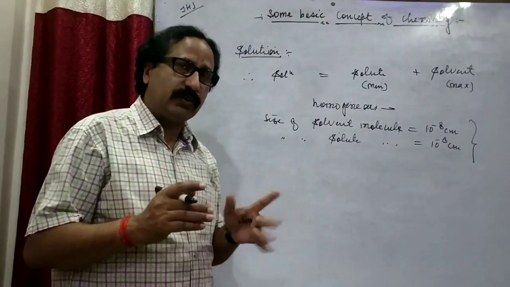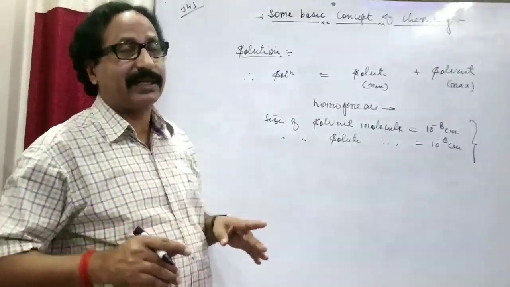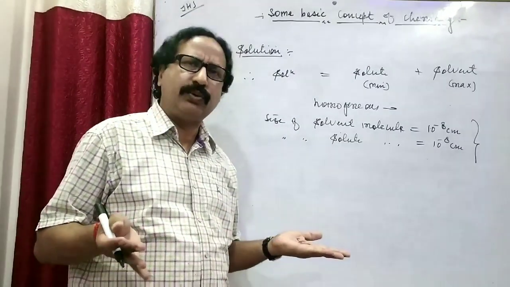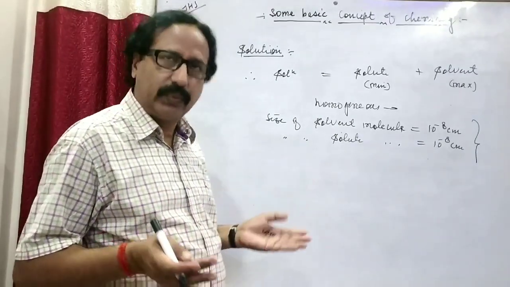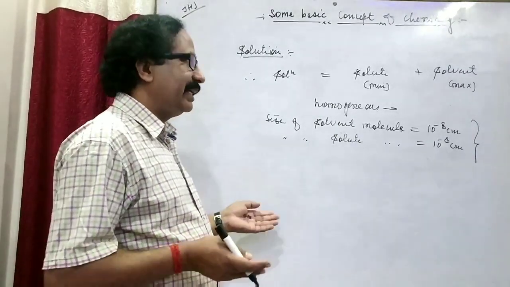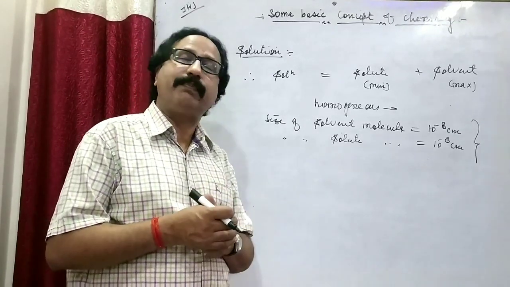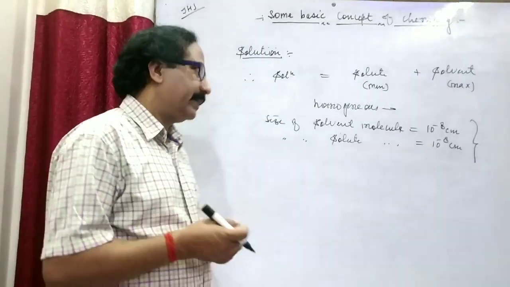If any solution is homogeneous, it must be translucent. Translucent, you know, means partially transparent, and it can easily filter through parchment paper.